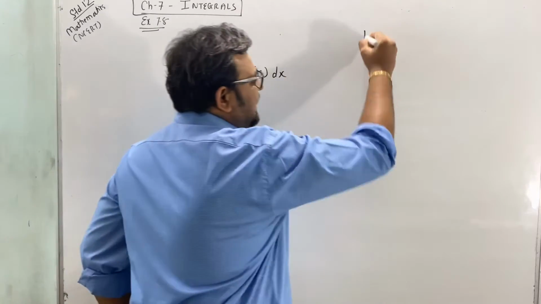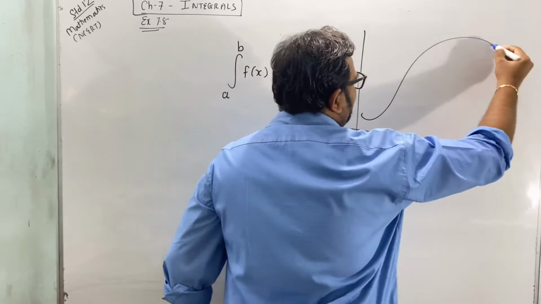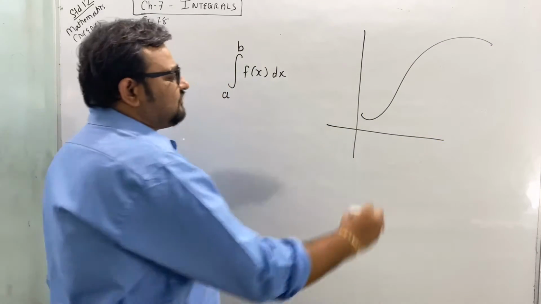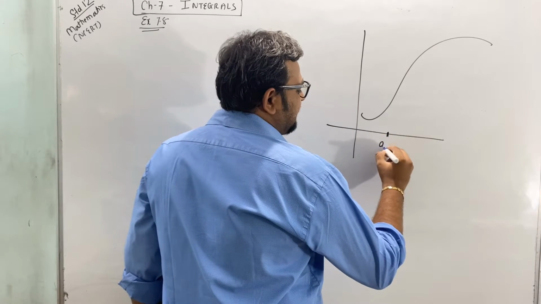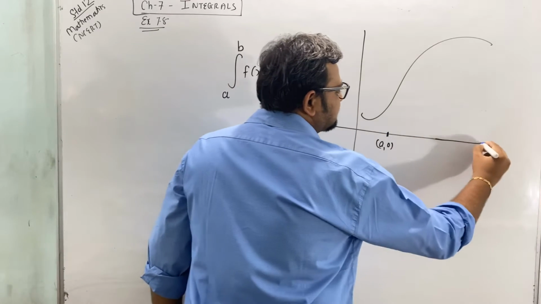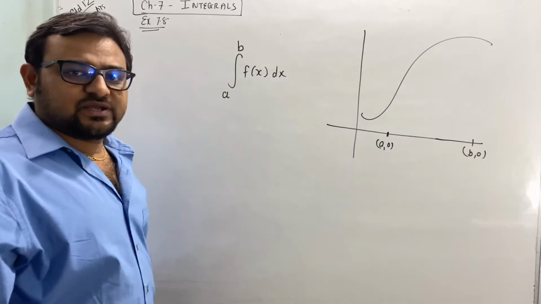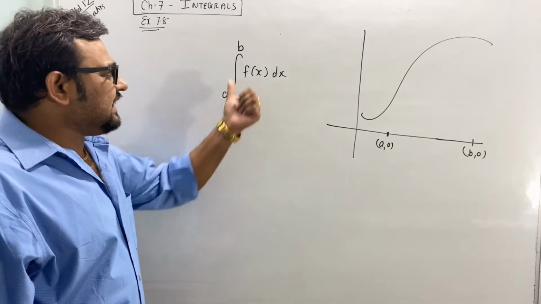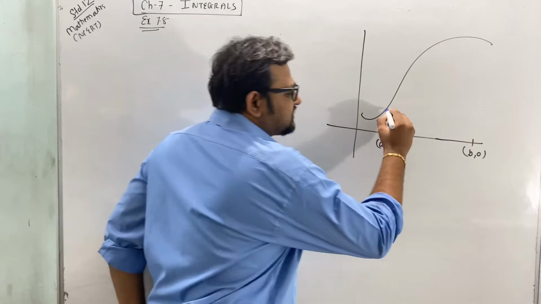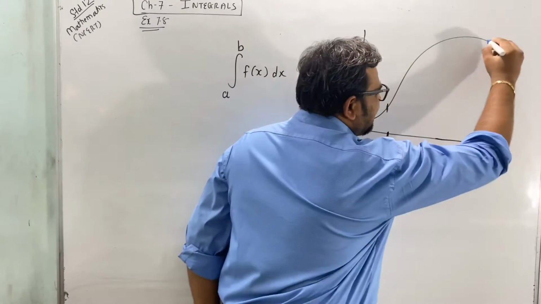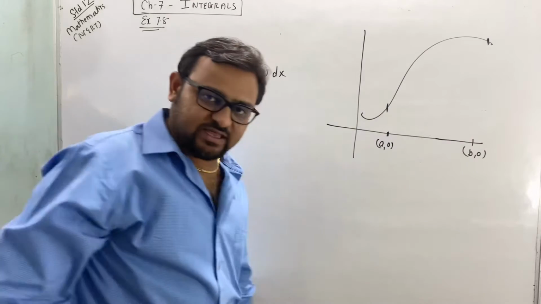Let me give you an example. If this is a curve of f(x), and this is the point a,0 and this is the point b,0, then when you are integrating from a to b, you are starting from here and ending at this point b.